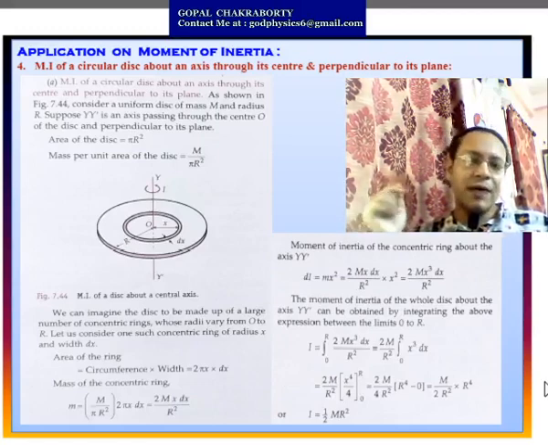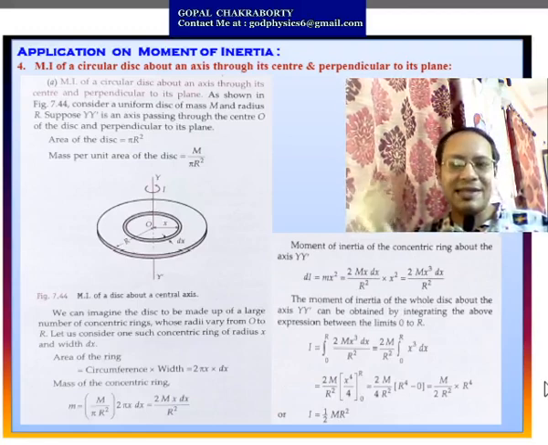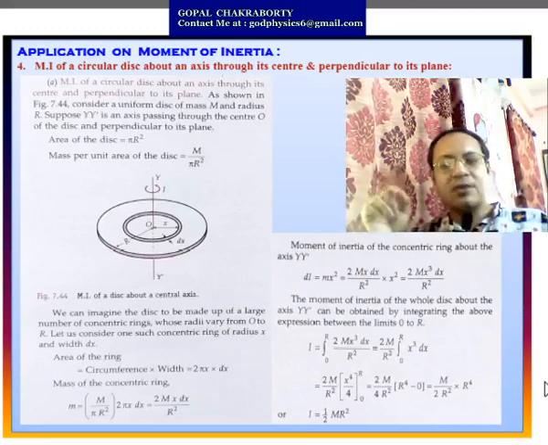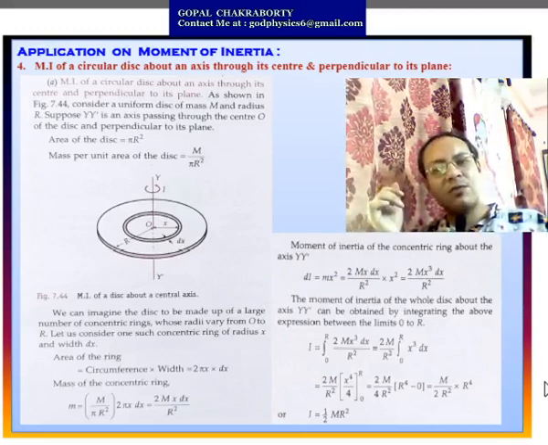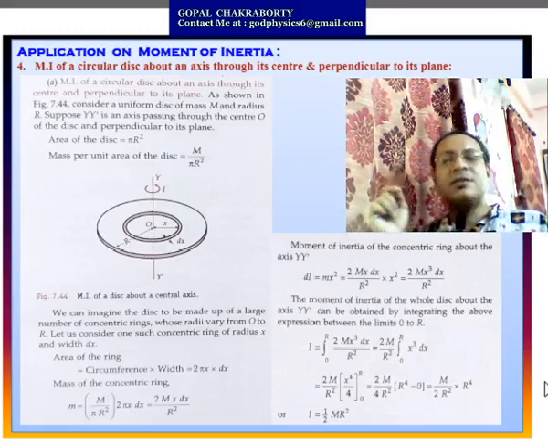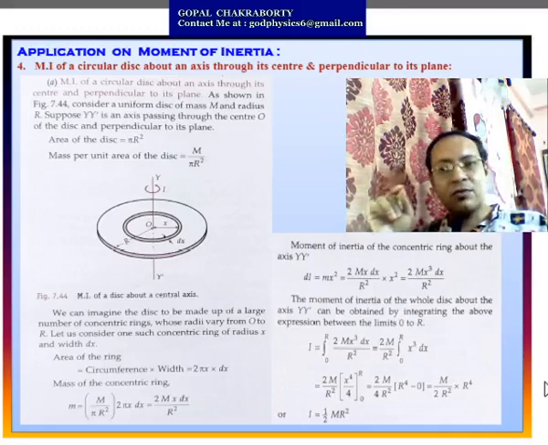As the ring is at a distance x, the moment of inertia will be small m into x square. If you substitute the value of small m, that gives you 2 capital M x cube dx by r square. This is the moment of inertia for that small ring about the axis y dash, because y dash is the axis of rotation.